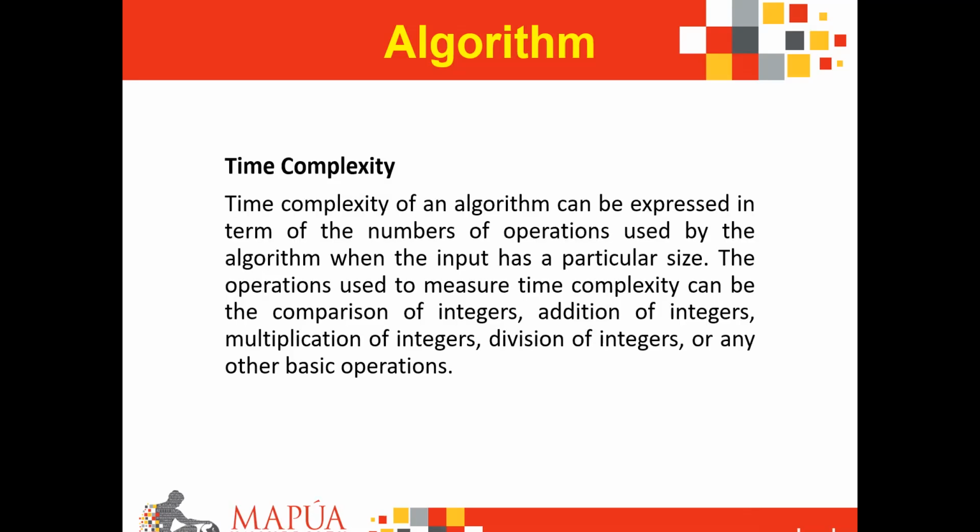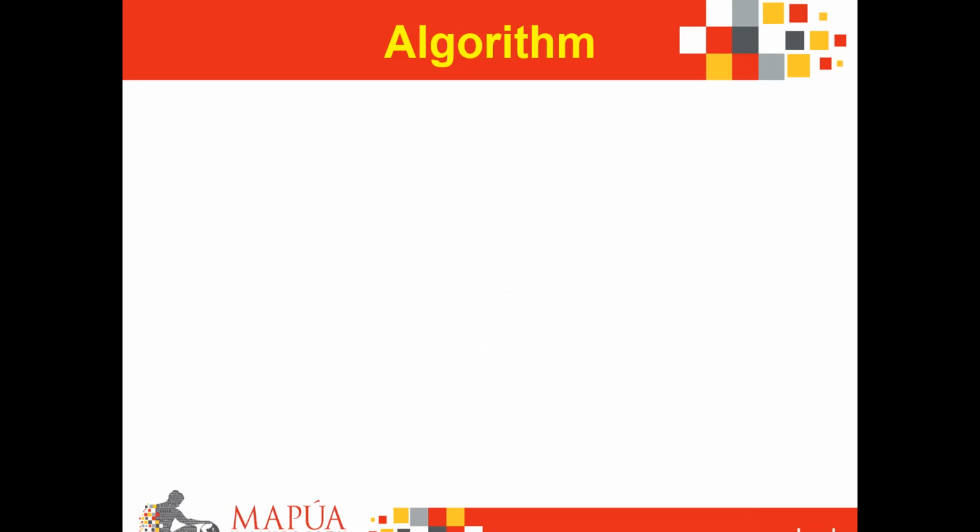One such complexity is called time complexity. The time complexity is expressed in terms of the number of operations used by the algorithm when the input has a given particular size. The operations used to measure time complexity can be comparison of integers, addition of integers, multiplication, division, etc., or any other basic operations.